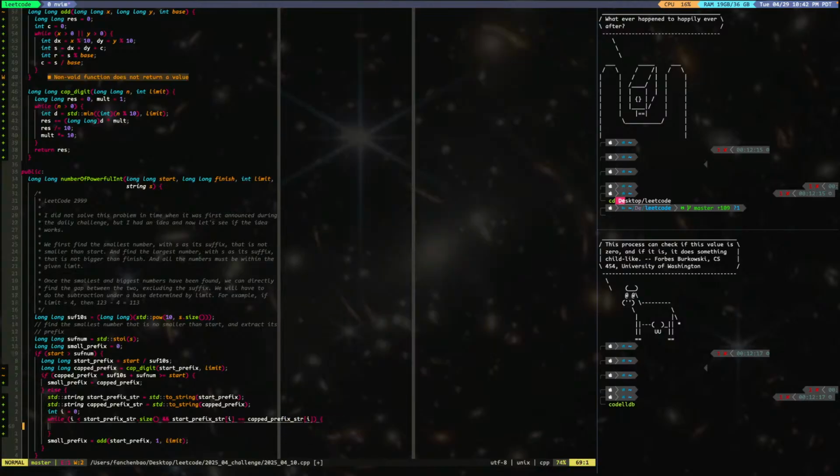If they are the same, then we'll move forward, right? Then we just say i plus plus. Okay, so eventually when this one gets out, we have found the first one that's not the same, right? And the reason for not the same is because of the capping.